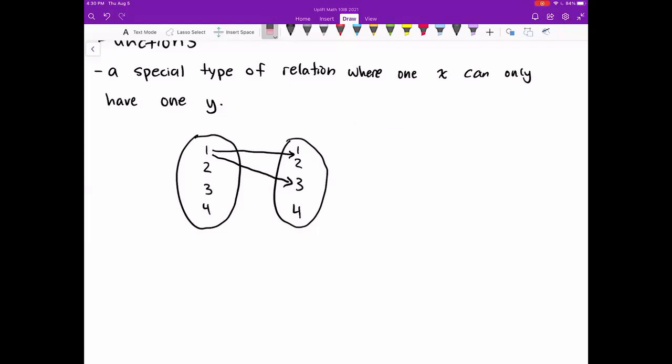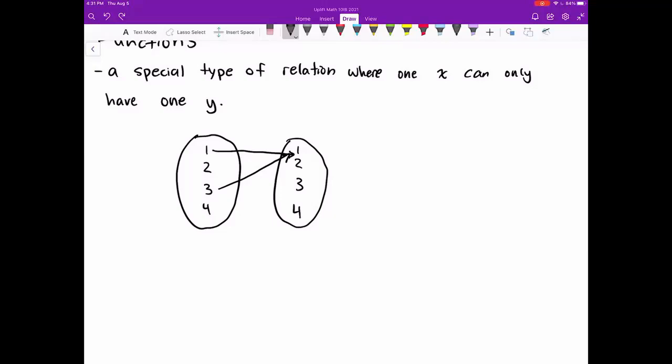David, I think what you meant is that 3 cannot go to 1, but in a function, 2 x values can map to 1 y, because that would just look like this, right? Yeah.